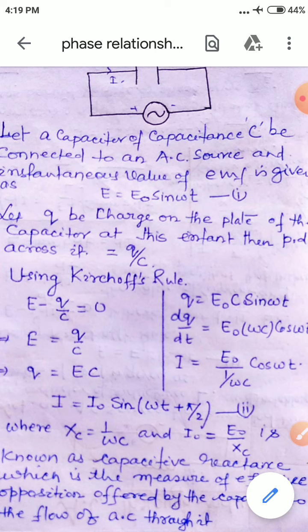Now on differentiating charge we get current. Now cos omega t can be written as cos 90 plus theta, and cos theta plus 90, both are the same. So sin 90 plus theta is your cos theta, so we can write here sin omega t plus pi by 2. We have to write the phase angle in terms of omega t plus or minus anything, then only we can compare.